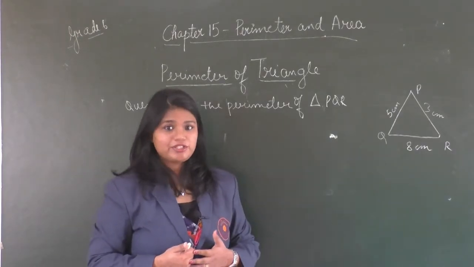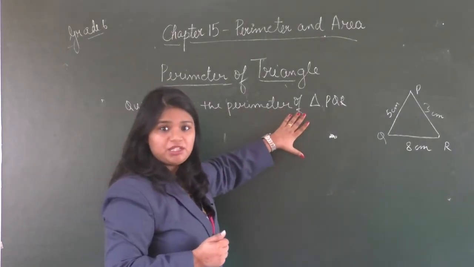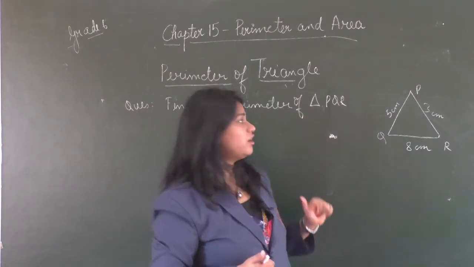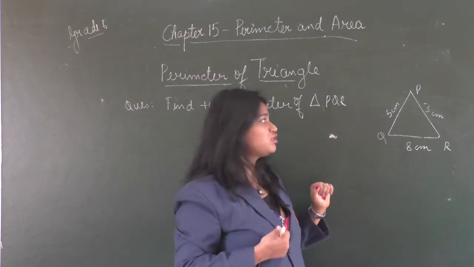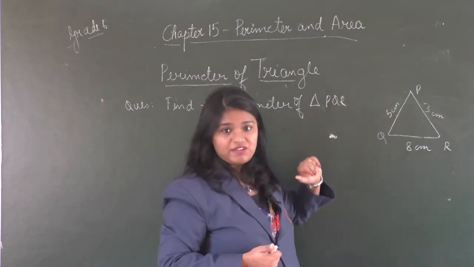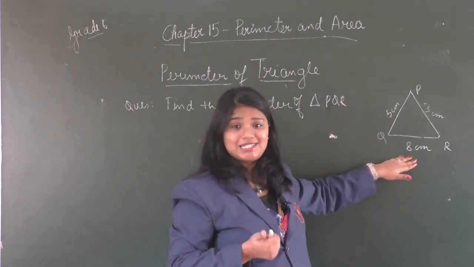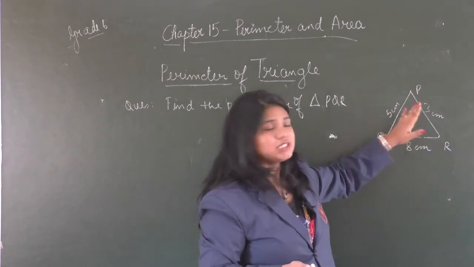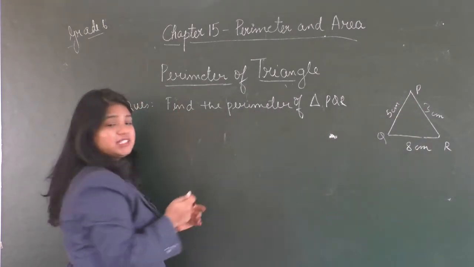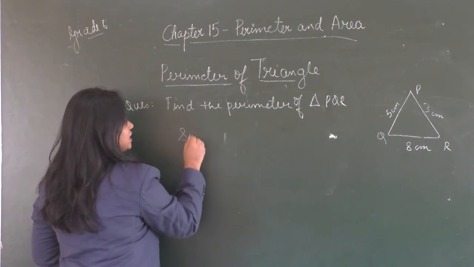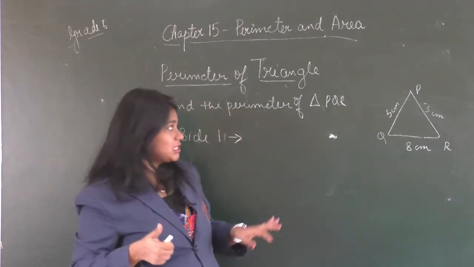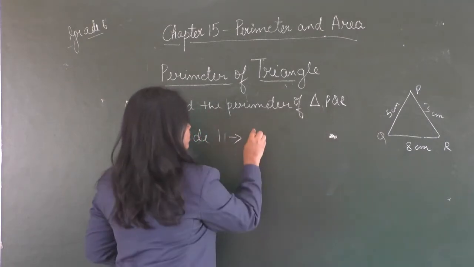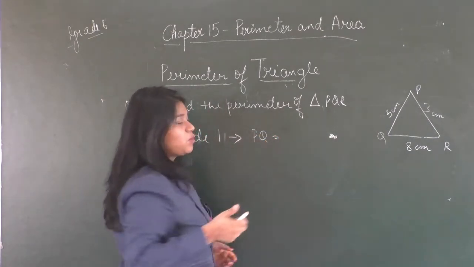So here we have a question which says find the perimeter of triangle PQR. Here we have triangle PQR, and the measurements are for PQ it is 5 centimeter, for QR it is 8 and for RP it is 3. So first we will write down the given measurements, that is side 1. Let's consider first side as PQ. So PQ is equal to, and what is the measurement?